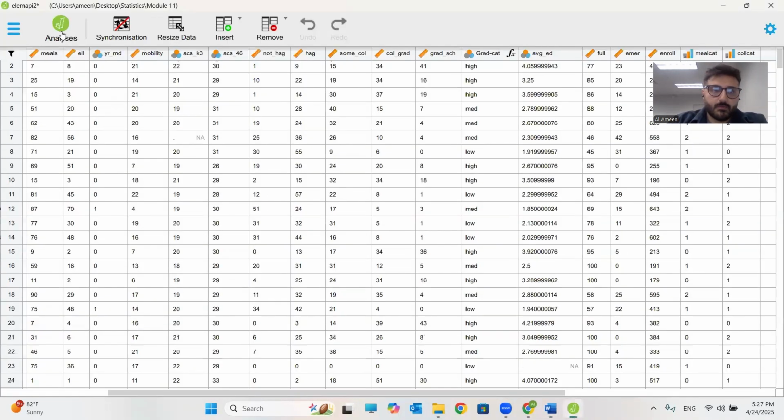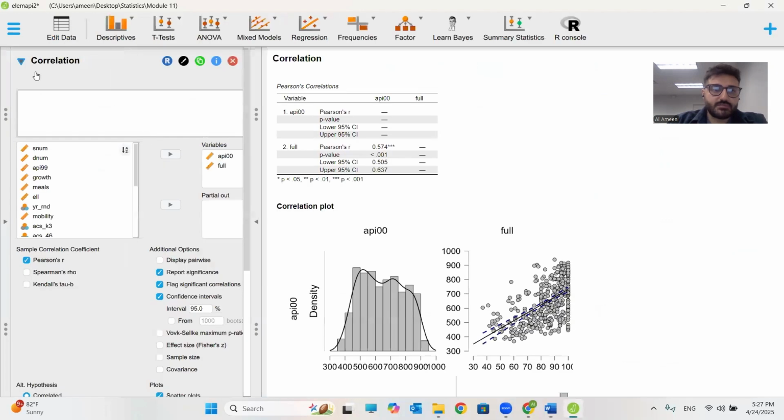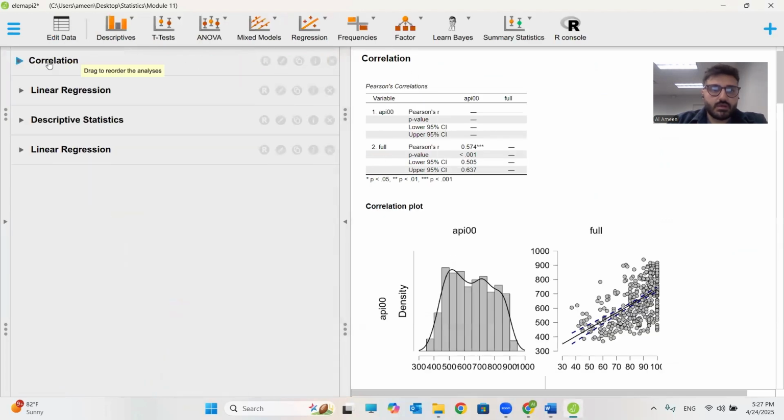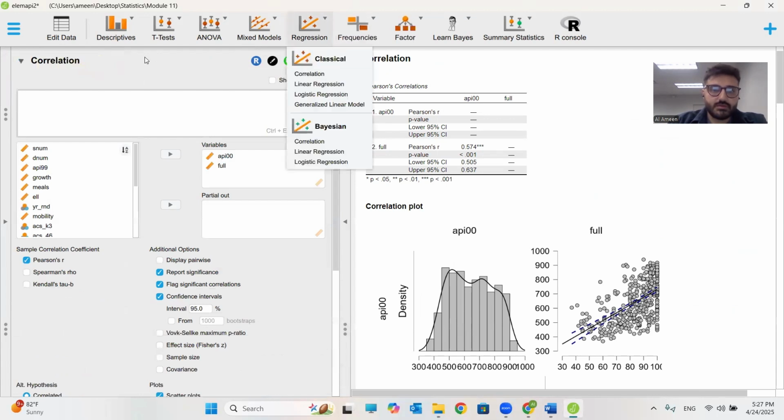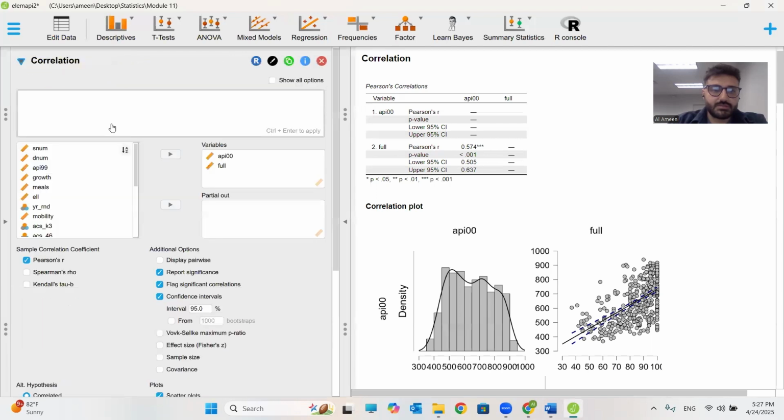So we start our analysis in JASP, and I go to regression here and then click on correlation, and then I start importing my variables, which are the performance index for the year 2000 and the percent of teachers with full credentials.